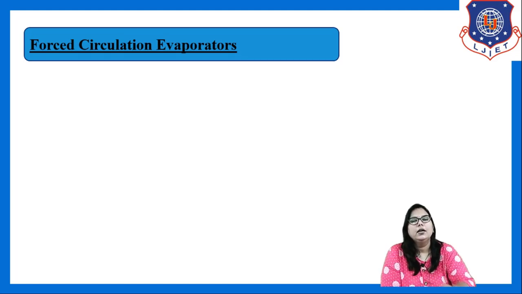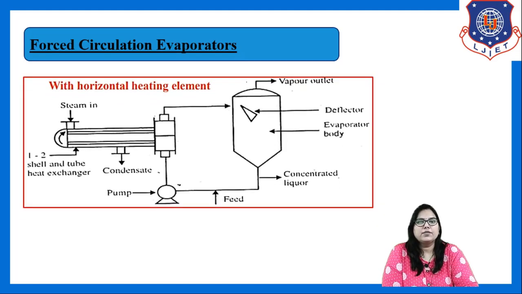Let's see. This first figure shows the forced circulation evaporator with horizontal external heating element. This word external is very important. See here, this is the evaporator body and this is the heating element.